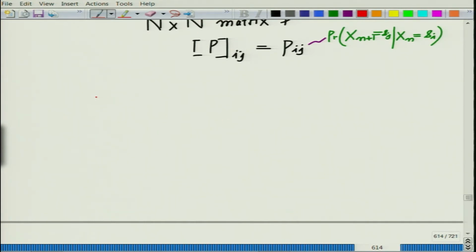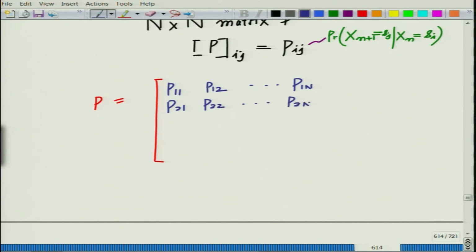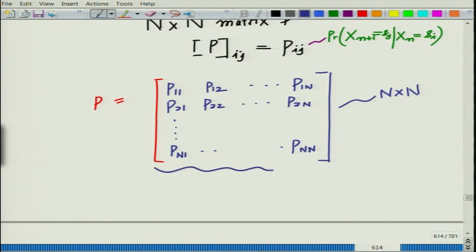Therefore, I can form this matrix P with the elements P11, P12, and so on up to P1n, P21, P22, P2n, and Pn1, and so on up to Pnn. This is naturally the n cross n matrix corresponding to the one step transition probabilities. This is simply known as the transition probability matrix.